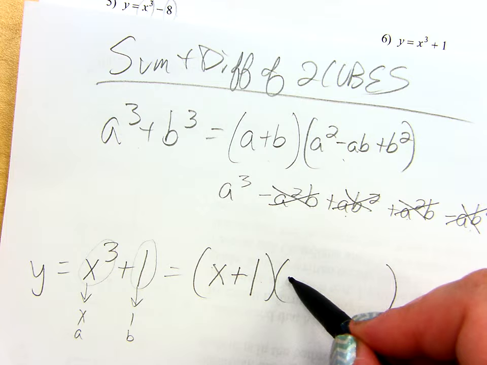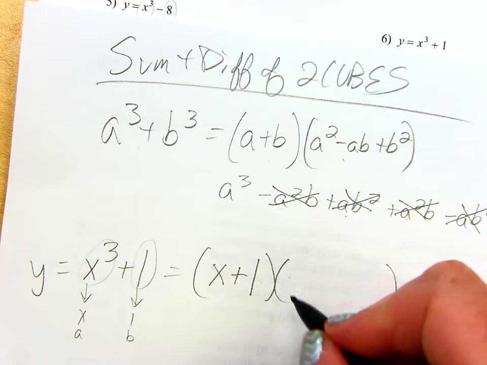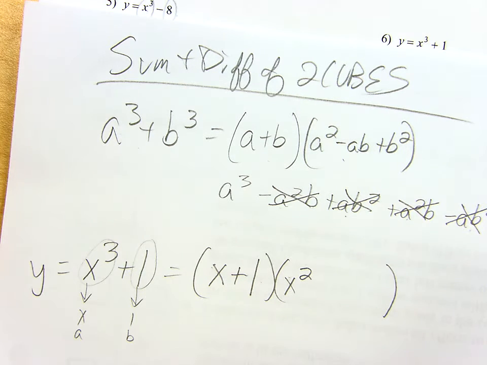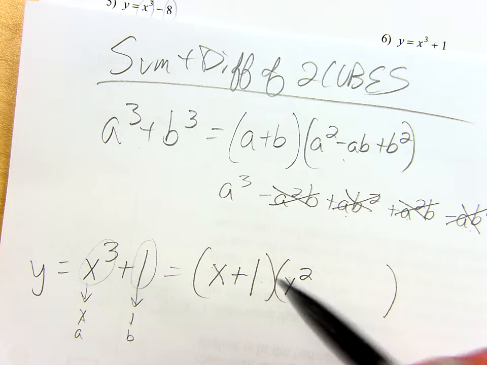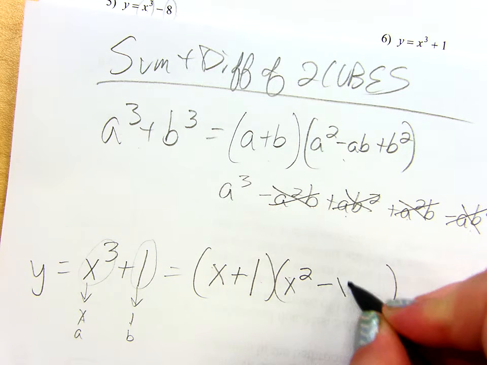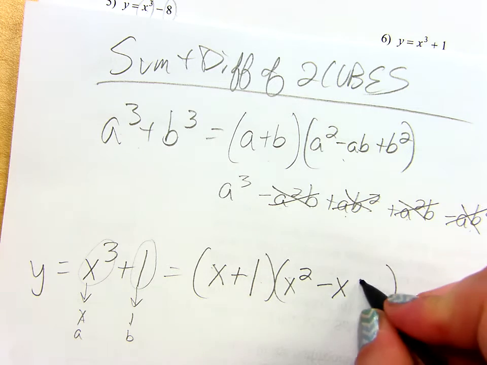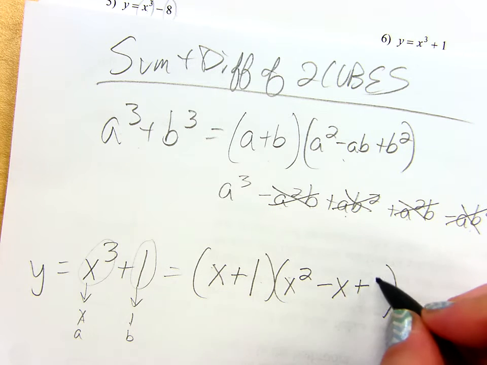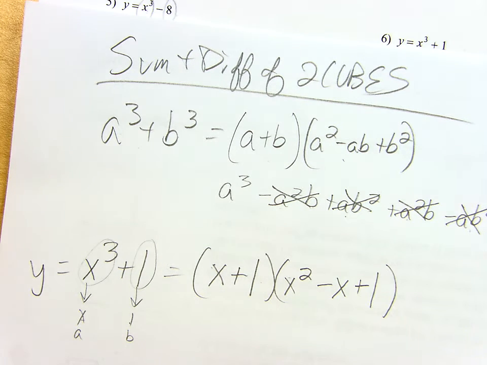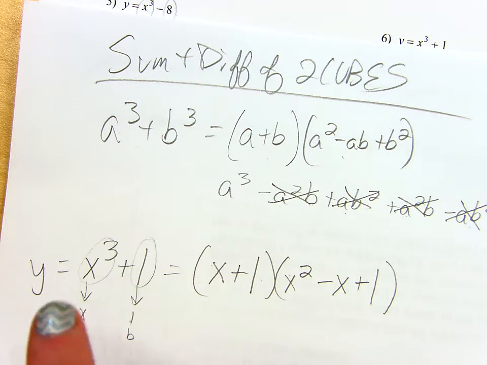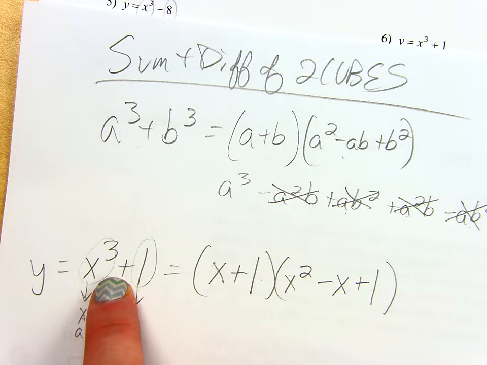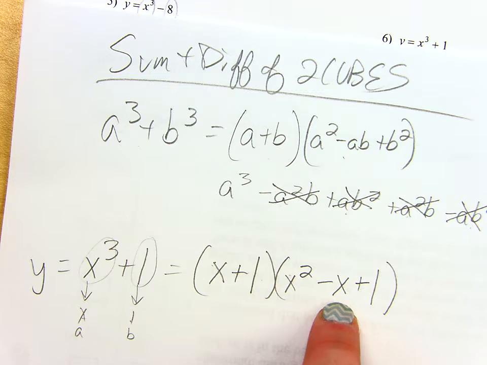So what would that be? x squared. And now I want to minus the product of a times b. So x times 1 is just x, so I would minus x. And then add b squared. 1 squared is just 1. So there is the sum of two perfect cubes factored.